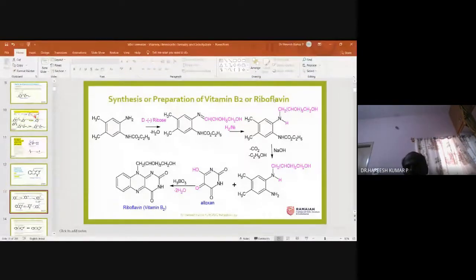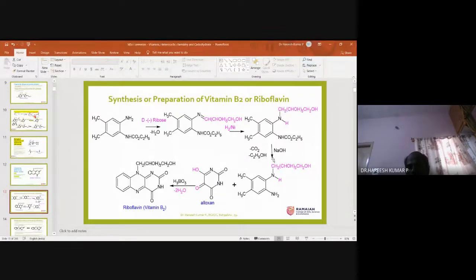Then afterwards, what will happen? Hydrolysis. You know that it's a carbamate, ethyl carbamate. What will happen? NHCOOC2H5, so the ester is cleaved. What will be the byproduct?